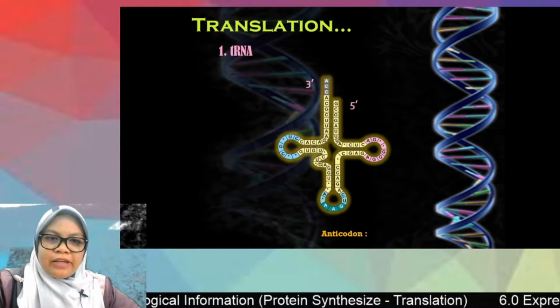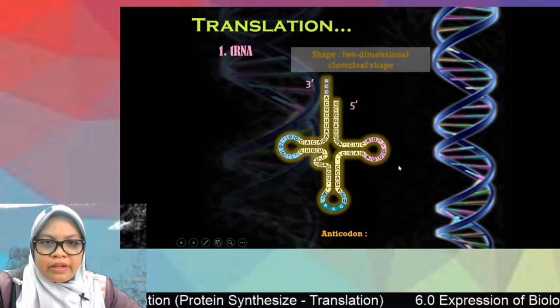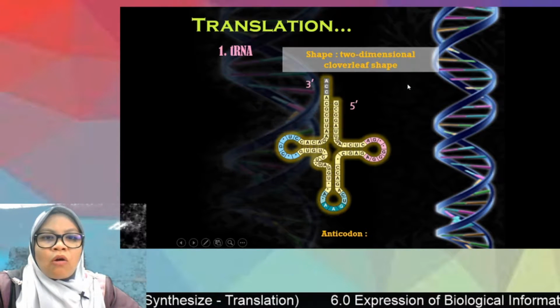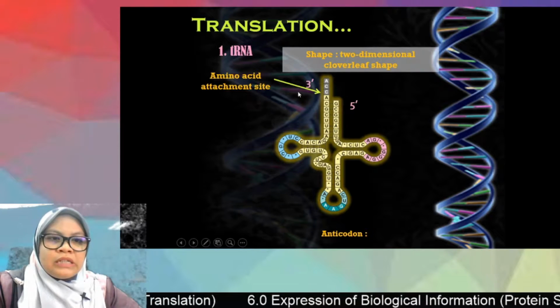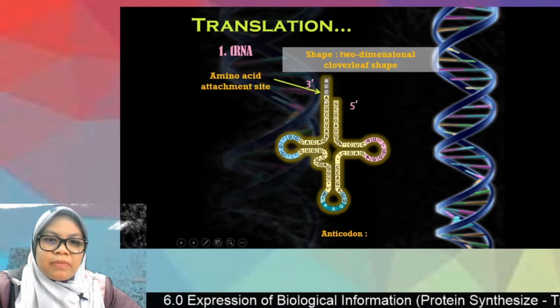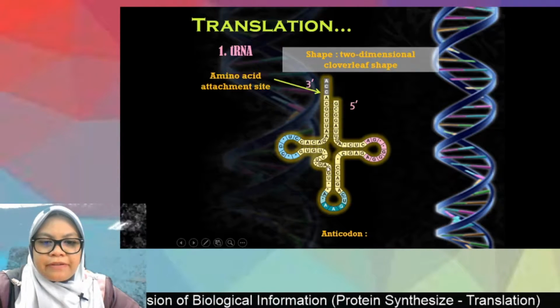Okay, tRNA. This is the structure of tRNA. It has a two-dimensional clover-leaf shape. Here is the amino acid attachment site. The 3' end here is the amino acid attachment site.